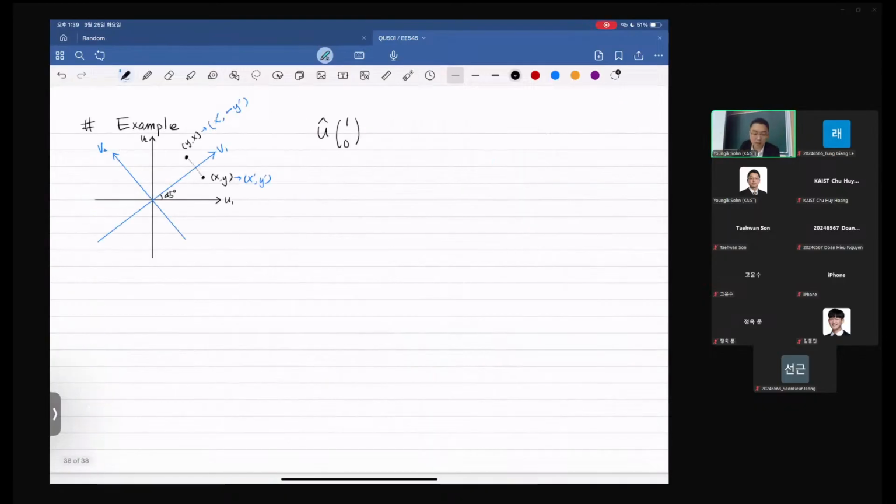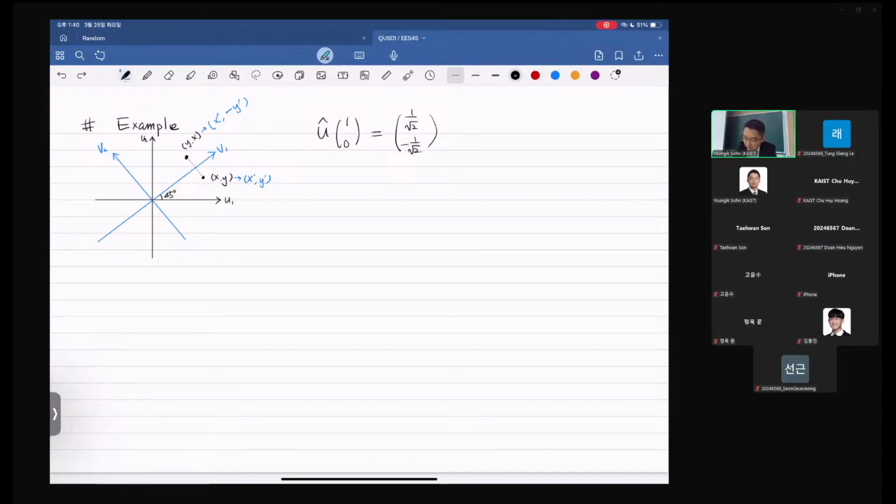So we kind of know the answer already. It's going to be 1 over square root 2, minus 1 over square root 2, right? Think about this dot, right? Some dot here. Try to read it with the blue axis, right? It's going to give you that.